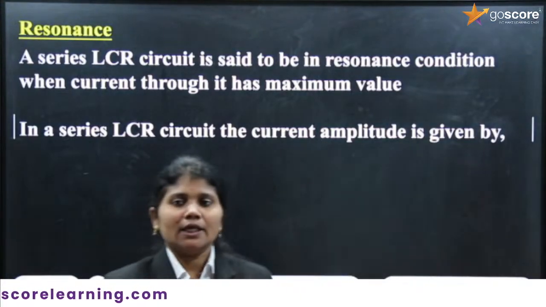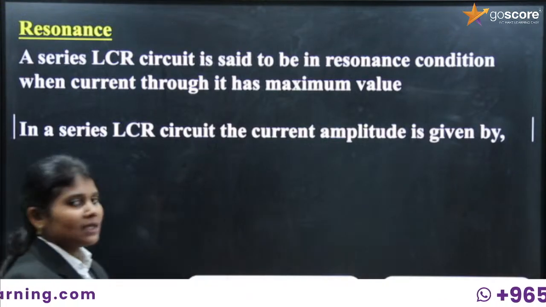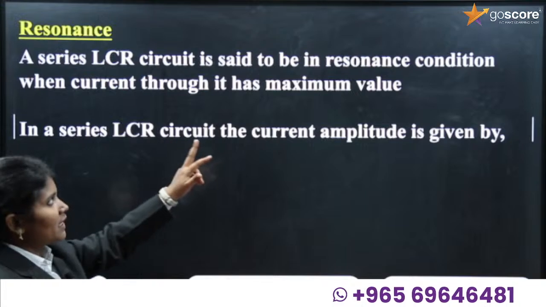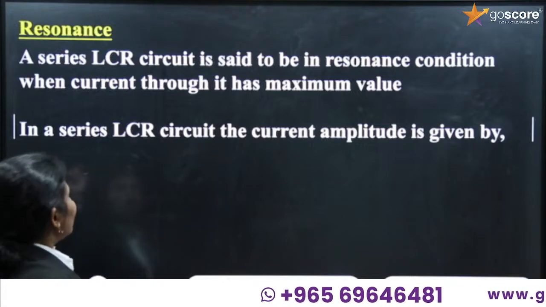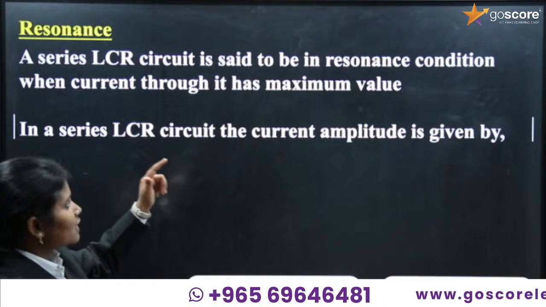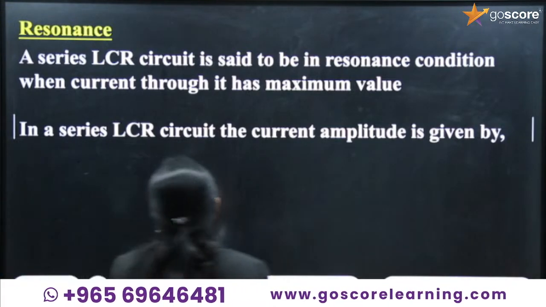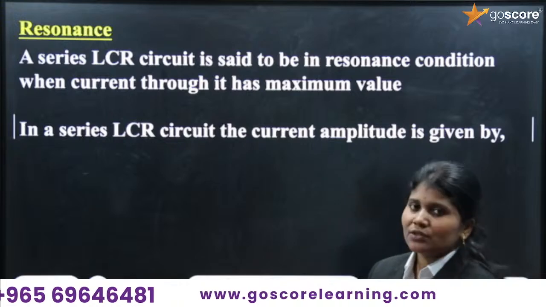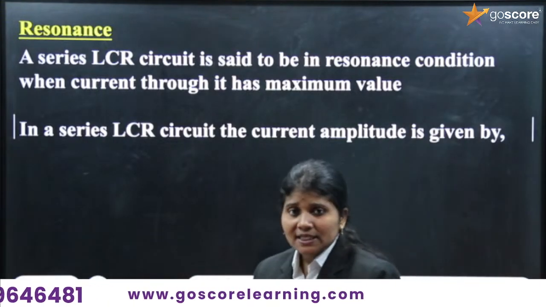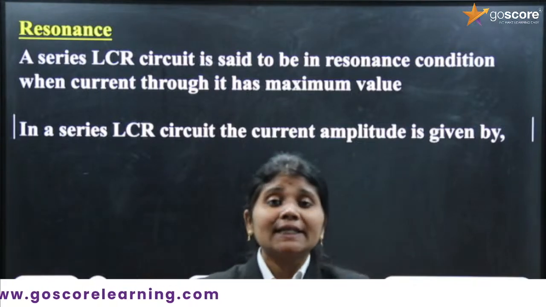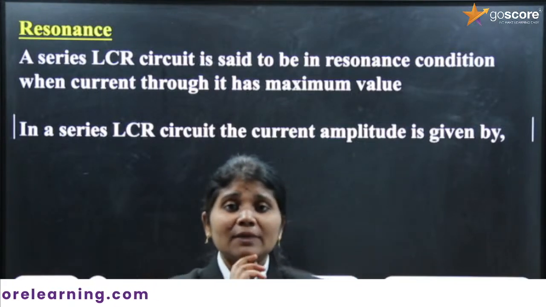Next one is the resonance condition. What is the resonance condition? A series LCR circuit is said to be in resonance when the current through it has maximum value. That is what we call resonance. When will we get maximum current?